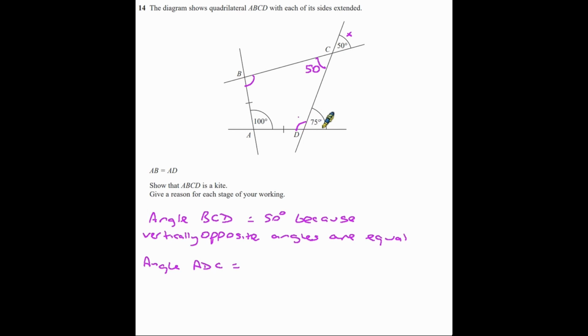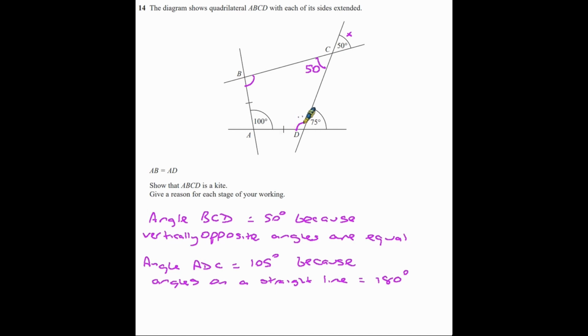We already know that this part of the angle is 75, therefore 180 minus 75 is 105 degrees. And again, we have to say because. And we quote the law that we know. Angles on a straight line equal 180 degrees.